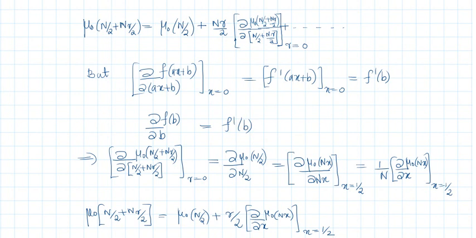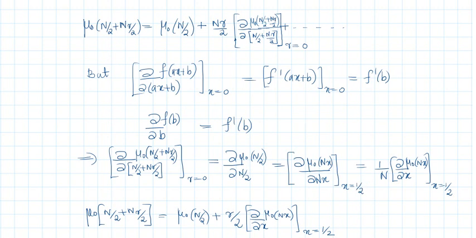So these two are equal. So I will replace this partial derivative with dou by dou n by 2 of mu 0 of n by 2. And if I write this 1 by 2 as x, then this becomes dou of mu 0 of nx divided by dou nx at x equal to half.